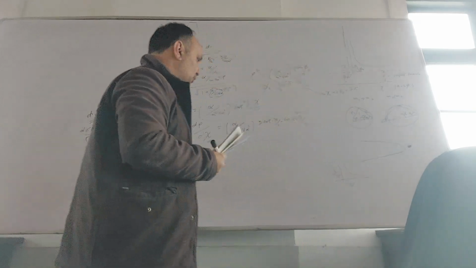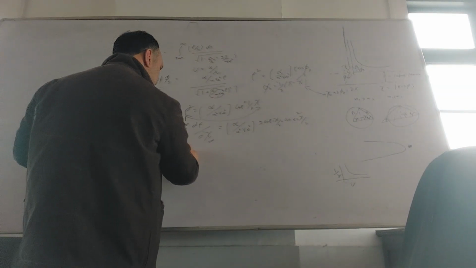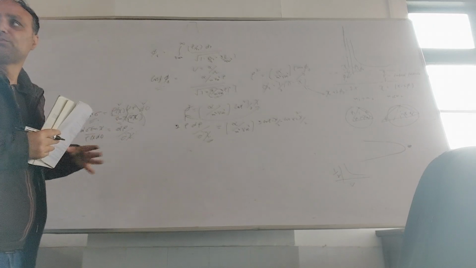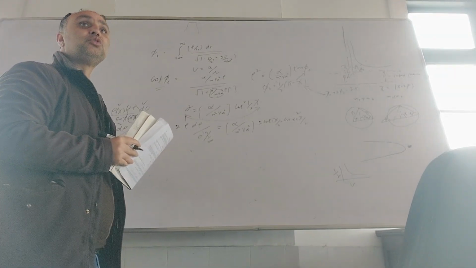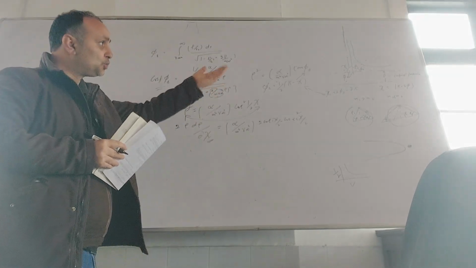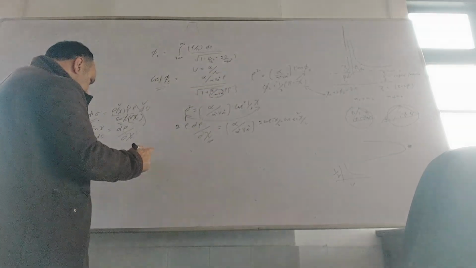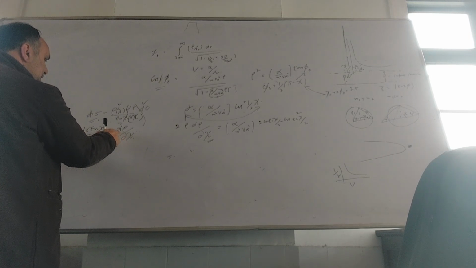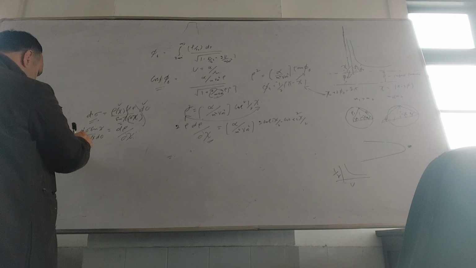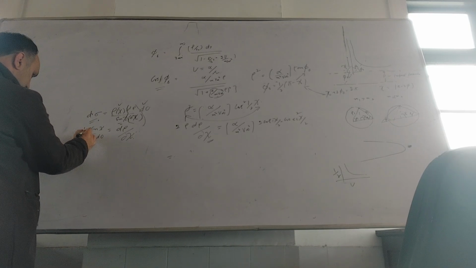I am simply substituting using the equation of motion and this diagram. Instead of d rho, this will come here, so d sigma will come here.